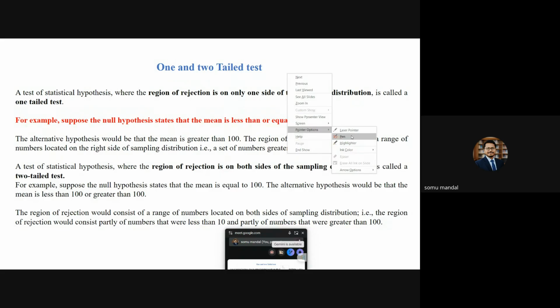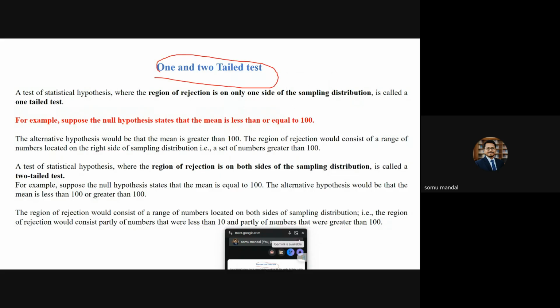One-tail test means we are considering the greater than or less than concept. Two-tail test means we are considering the equals to, not equals to concept. One-tail and two-tail tests are very important while we are conducting the hypothesis test.